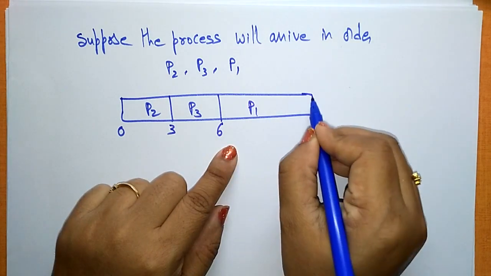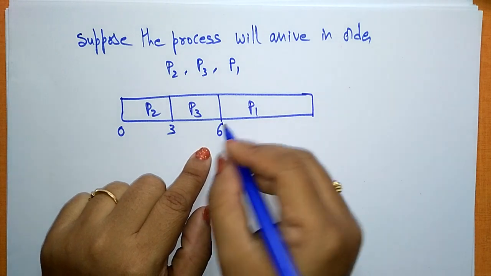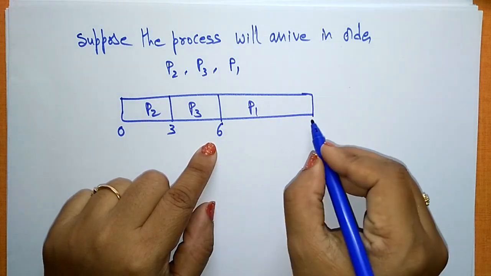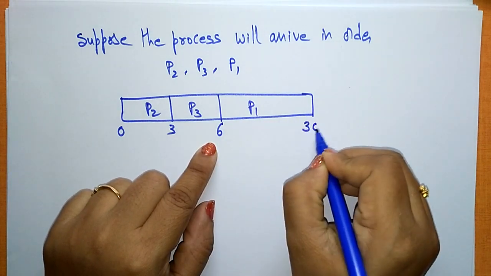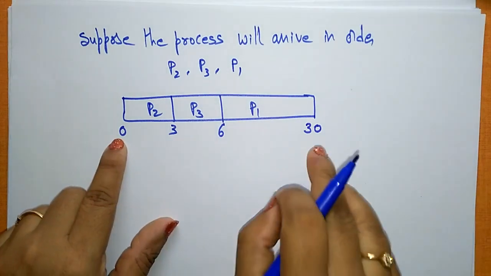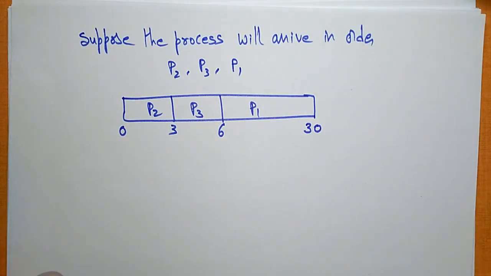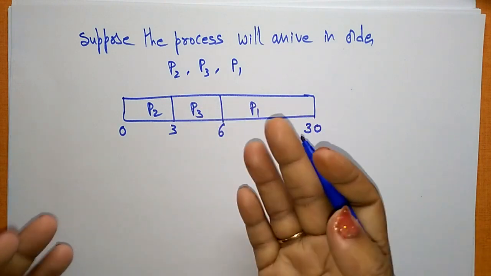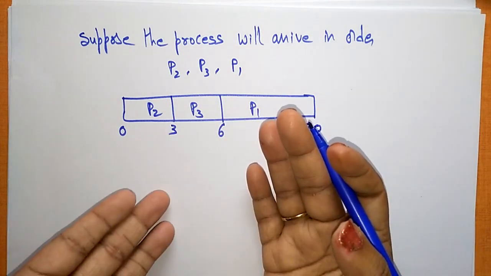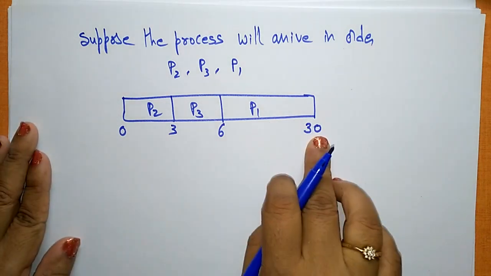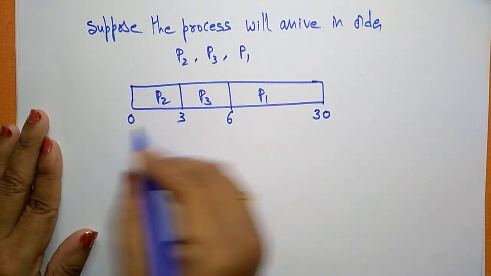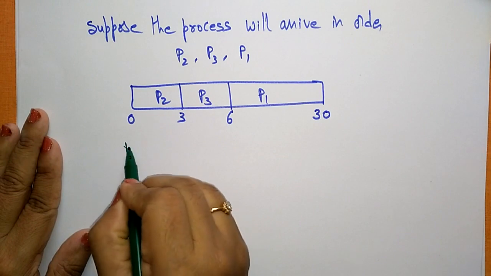Next P1 burst time is 24, so 6 plus 24, you will get 30. From 0 to 30, the CPU will execute all the processes. That is the same as in the previous example, here also you will get 0 to 30 only, but the waiting time will change. Let's see how.